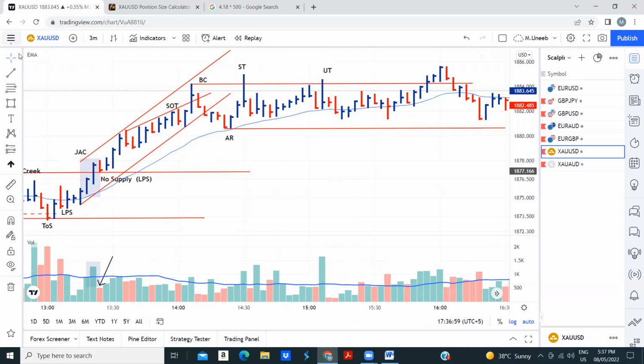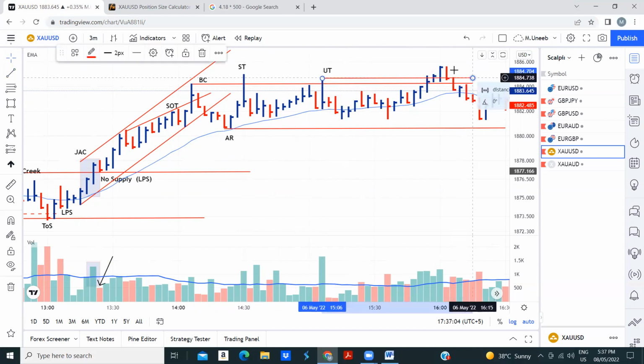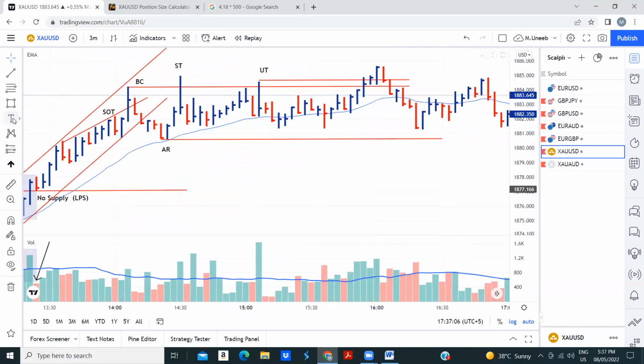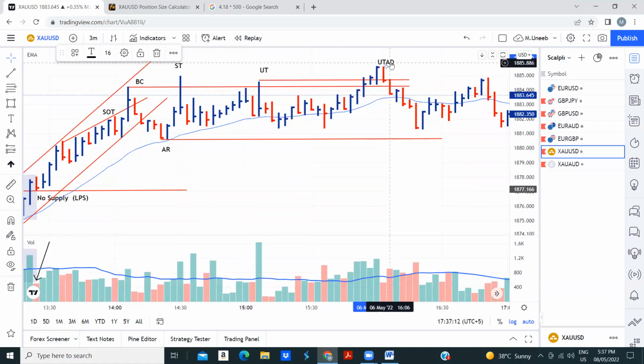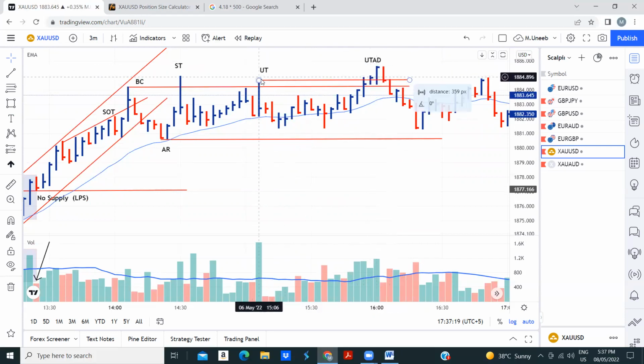This is a very different situation. Because if we draw another line from the UT, what do we call this point? UTAD. Upthrust of upthrust is known as upthrust after distribution. I think I told you before, right? This is upthrust of the previous upthrust. So this is known as UTAD.